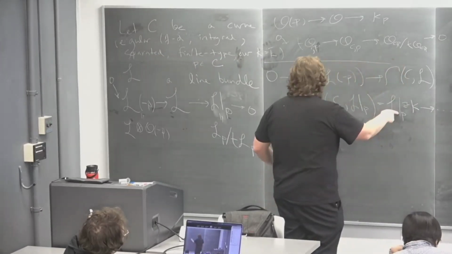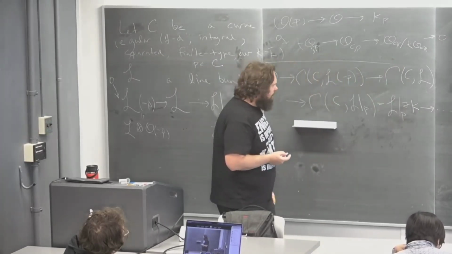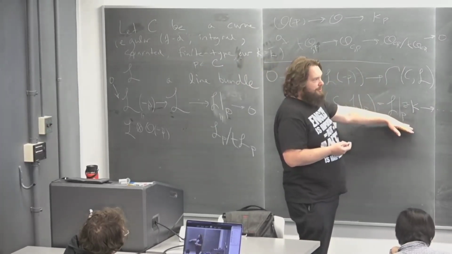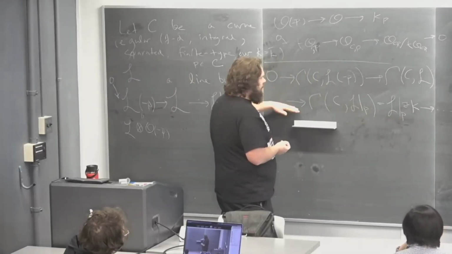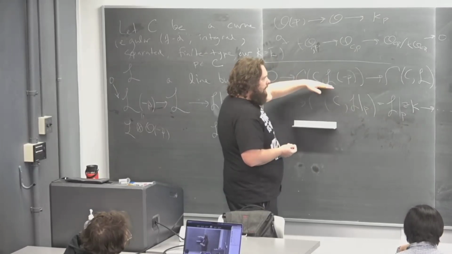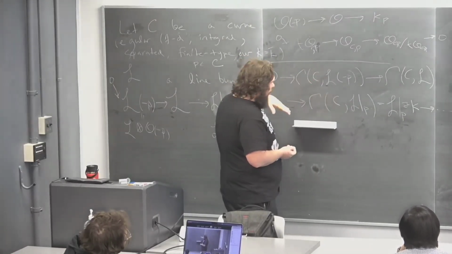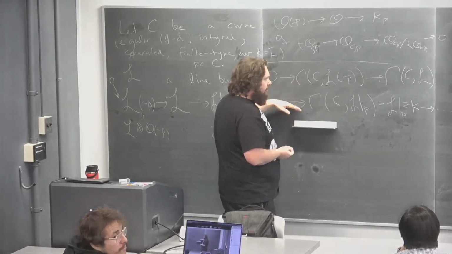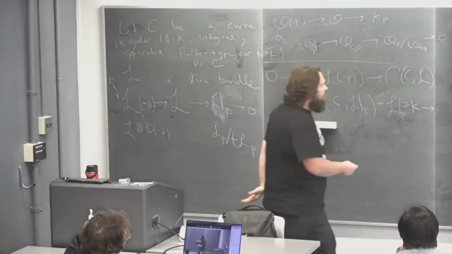But then I don't know whether this map is surjective. I mean, this is a one-dimensional vector space. So either this map is 0, and this map is an isomorphism, or this map is surjective, and this is the inclusion of a 1D subspace.